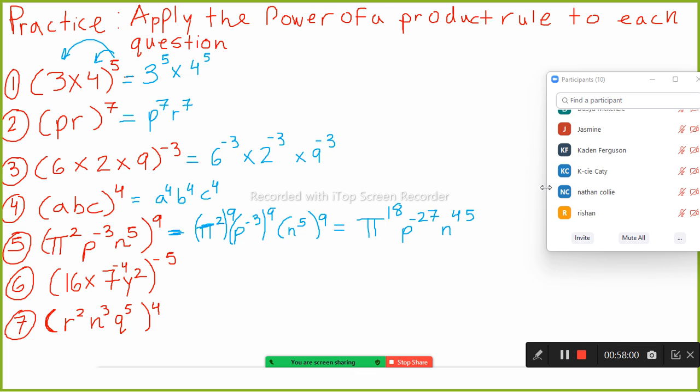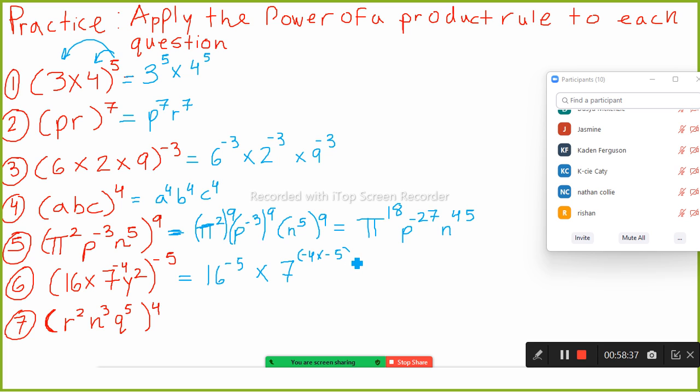All right, so we come right back full circle. I want Sierra to help me with this one. Number 6. I got 16 to the power of -5 times 7 to the power of 20. How did you get that? Because I multiplied -4 with -5. Excellent. And a negative times a negative is a positive.